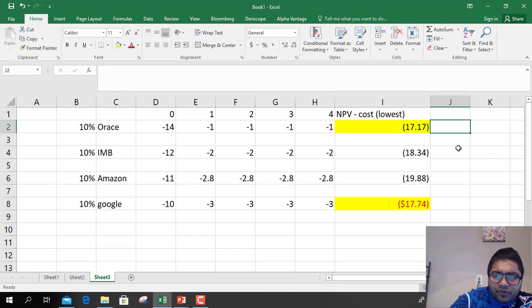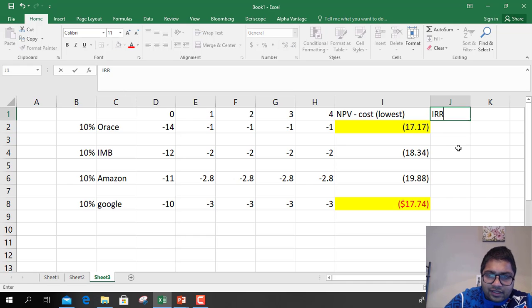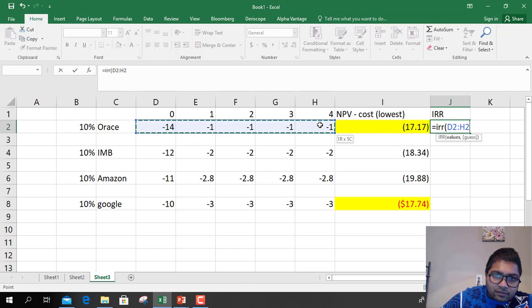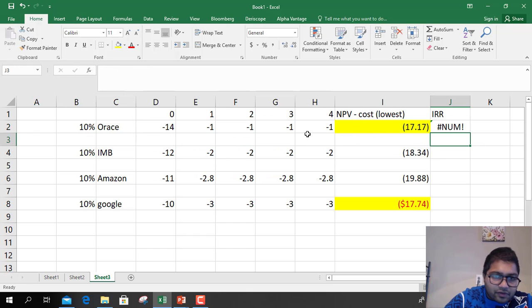Now what if you find IRR? Let's see what happens with IRR. So if you do IRR, it gives me an error because this needs to be positive.